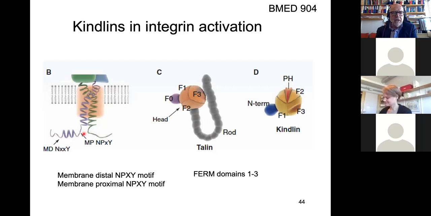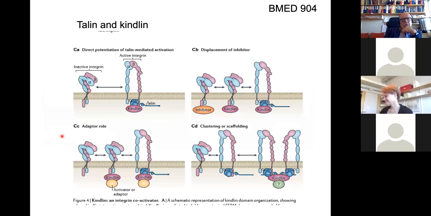So talin binds here and kindlin binds to this membrane distal NPXY motif. How talin and kindlin collaborate, the details of this are not known, but it has been suggested that they collaborate in some way, but as I said, exactly how is not known.